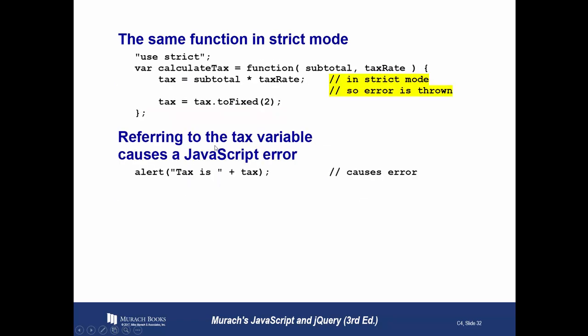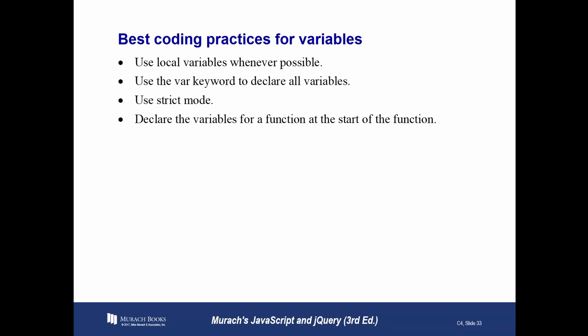So using use strict at the top of your program forces you to become a better programmer. The other thing is JavaScript is very liberal. It lets you break a lot of rules that most other programming languages do not allow you to break. So by using use strict, it forces you into becoming a better programmer from the get-go.